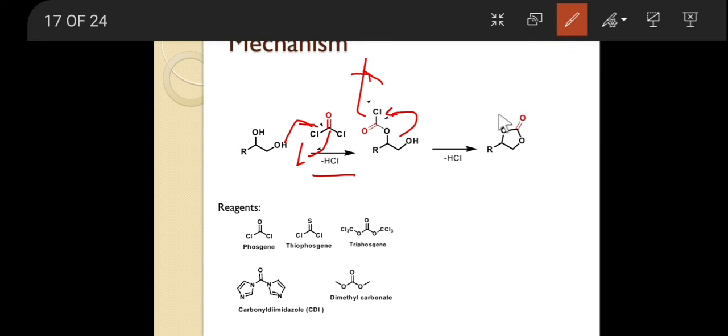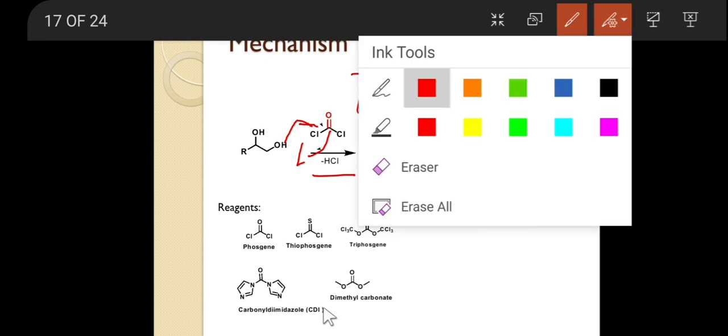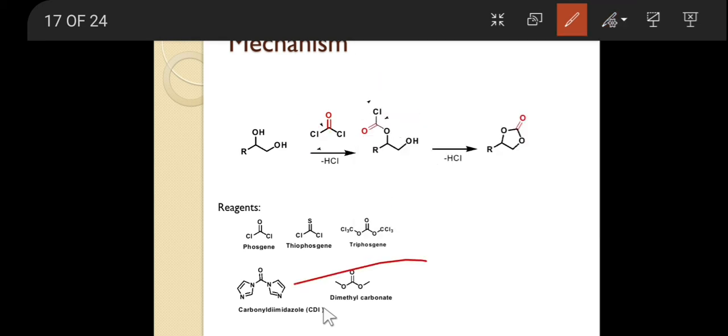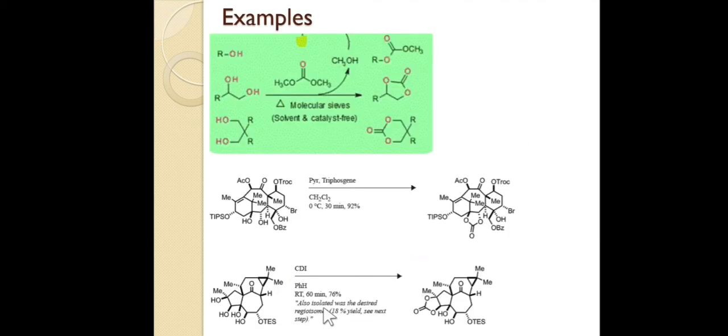The reagents used for carbonate protection are phosgene, thiophosgene, triphosgene, CDI, that is carbonyl diimidazole, and dimethyl carbonate, in the presence of mild bases such as pyridine, triethylamine, or a little bit stronger base. So this is how carbonate protection is carried out. Understood?